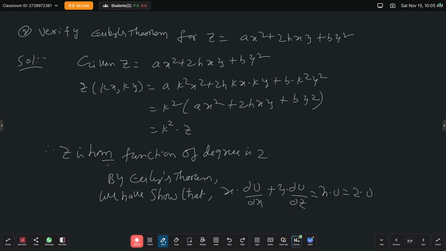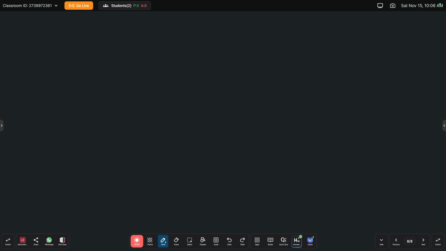So first of all, we can find out dou u by dou x, and next we can find out dou u by dou y. Then we multiply by x and y and add, and now we can get the result. First, find dou z by dou x. Now z is equal to ax square plus 2hxy plus by square.